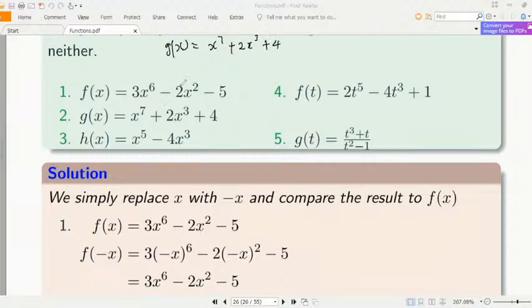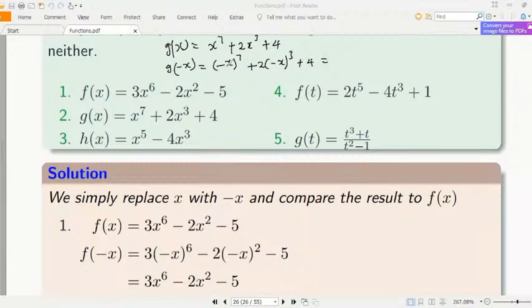So the question is: is this function even or odd? Let me see. What is f of negative x? f of negative x would be negative x raised to 7 plus 2 negative x raised to 3 plus 4.